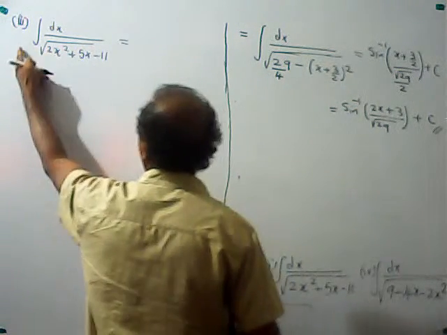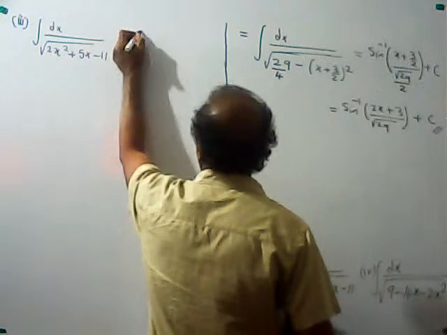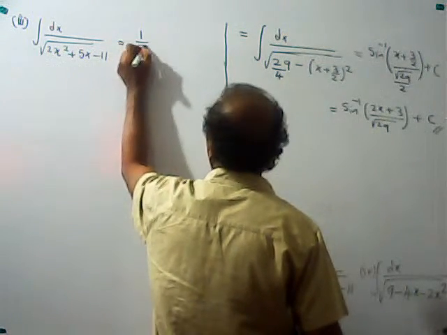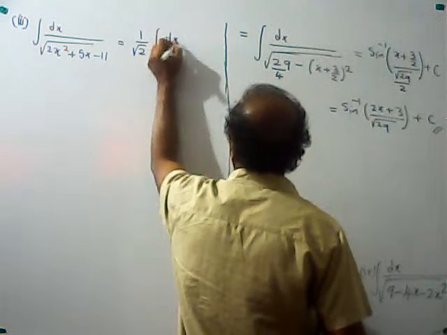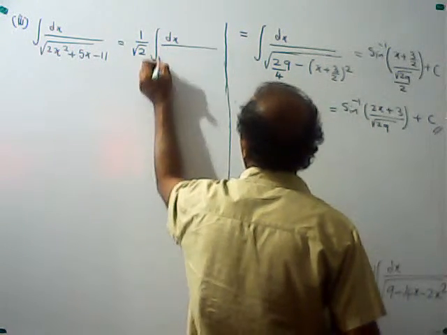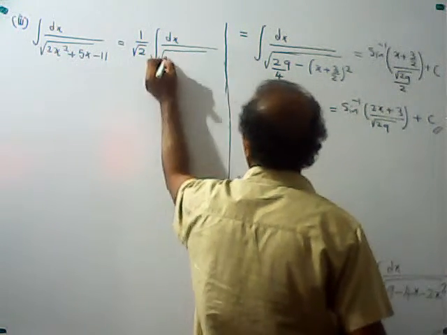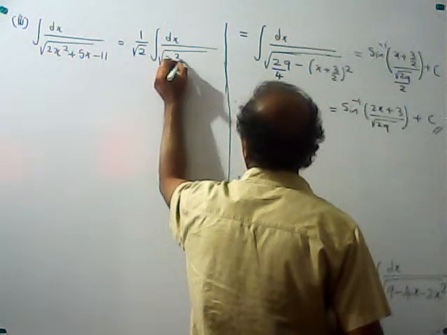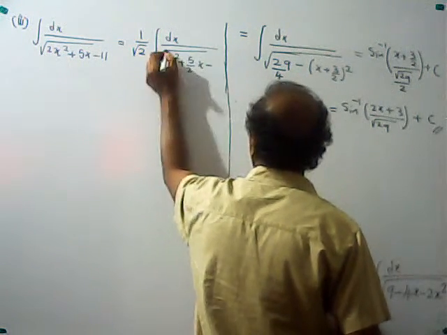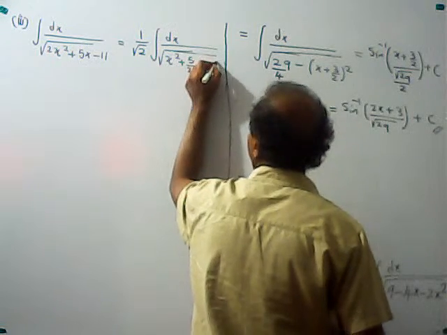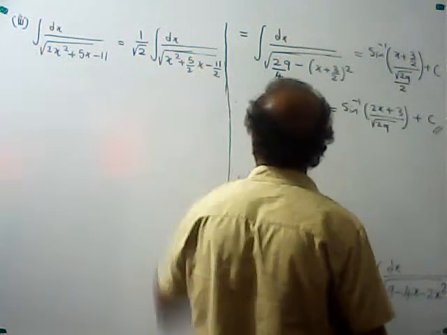In this you have to take 2 out. It will come out as square root of 2, so 1 over root of 2, dx over square root of x squared plus 5 over 2 x minus 11 over 2.